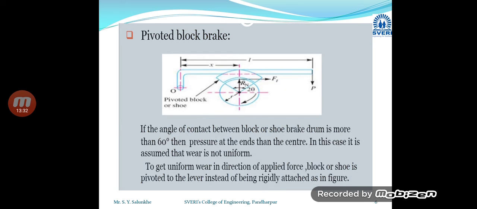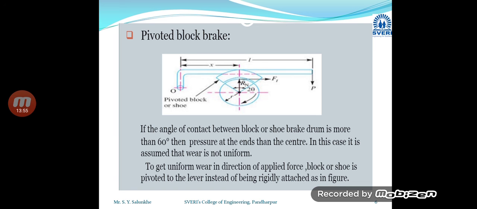The next type is called the pivoted block brake. In this case the angle of wrap is more than 60 degrees. As I already told you, when the angle of wrap increases, the frictional force is calculated by the integration method.